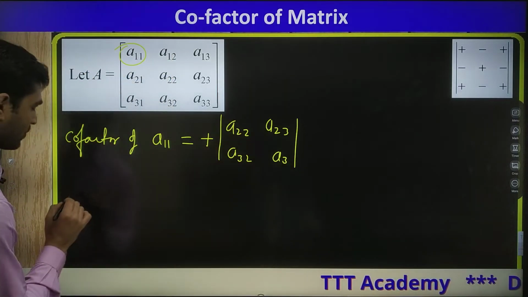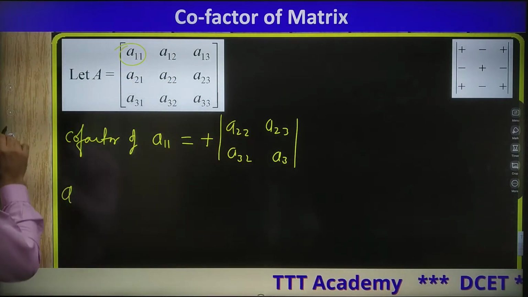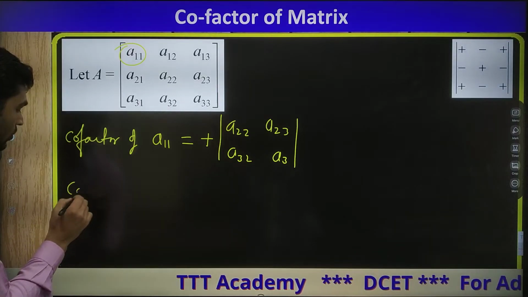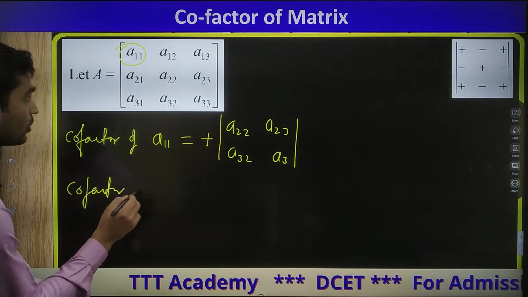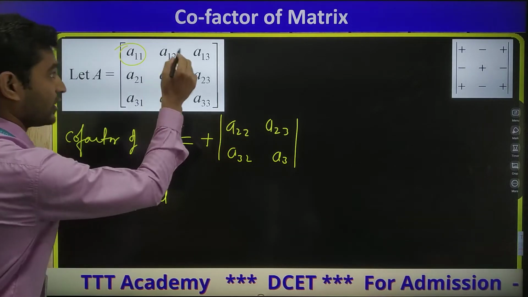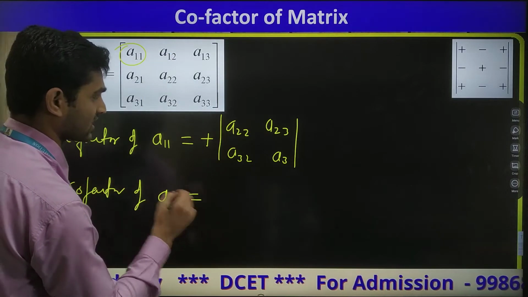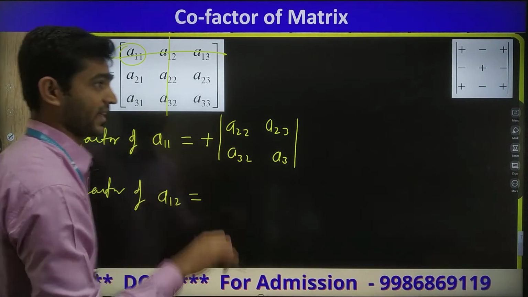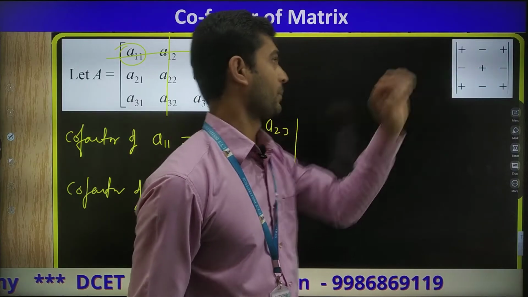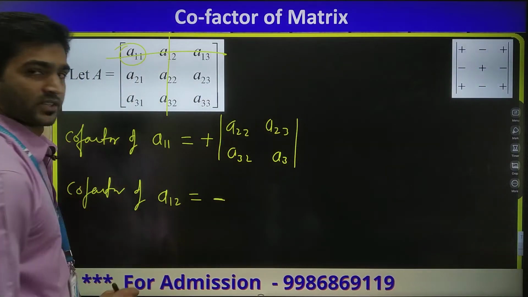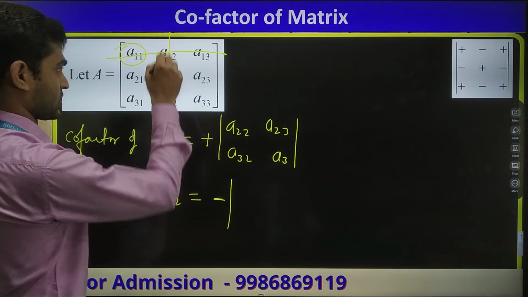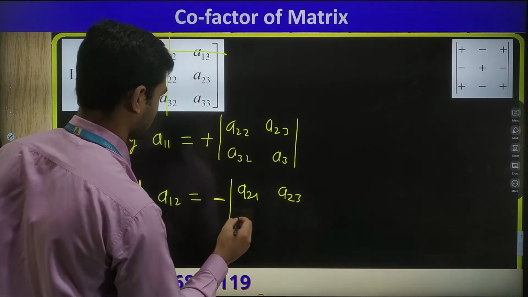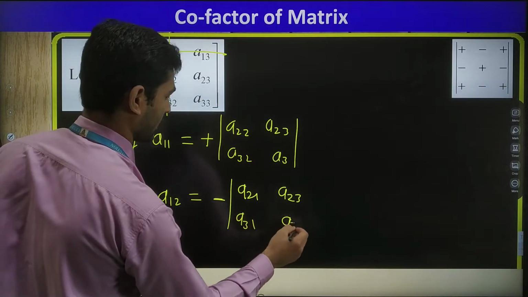Next, suppose you want to write the cofactor of a12. 12 means first row, second column. If you cancel the first row and second column, in that position what is the sign? The proper sign is minus, so consider minus there. Then, cancelling the first row and second column, we get a21 a23 a31 a33.